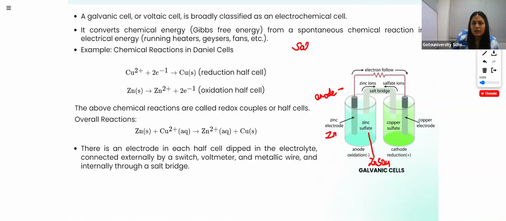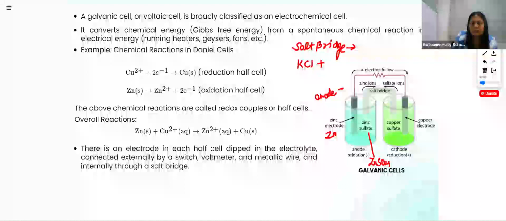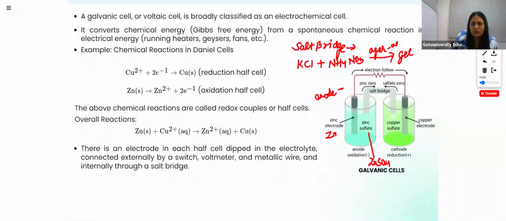The salt bridge is filled with KCl plus ammonium nitrate, and it is heated with agar-agar solution. It forms a thick paste-like gel.